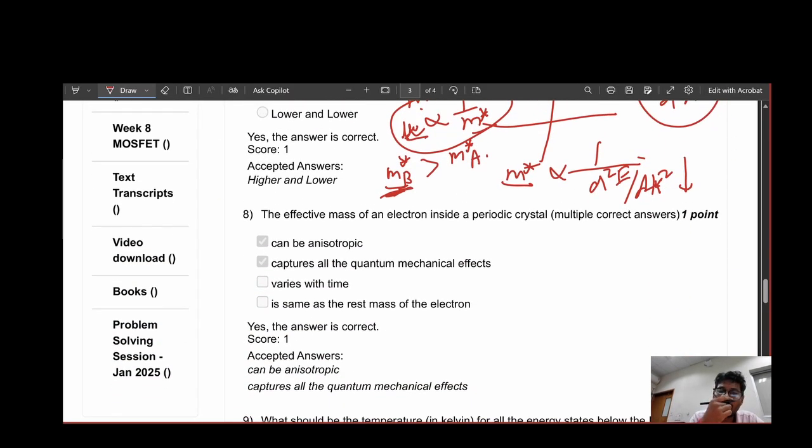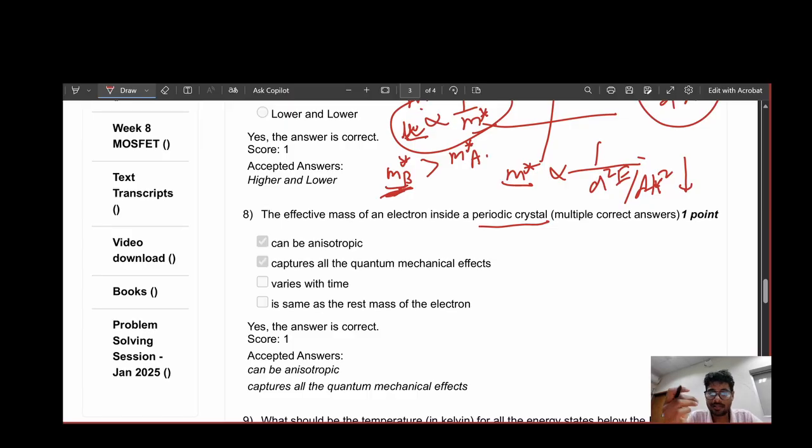Now the effective mass of an electron in a periodic crystal can be isotropic or anisotropic.